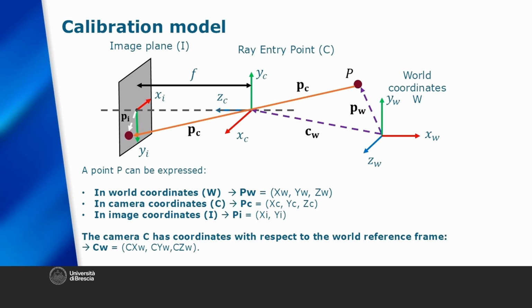Or in image coordinates, and in this case, P compared to I has coordinates xi, yi. Finally, let's compare the camera reference system C to the world reference system W. The origin of the reference system C has coordinates in the world system W equal to cxw, cyw, czw.